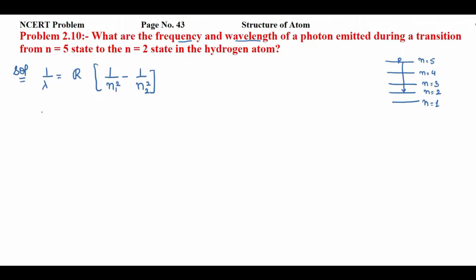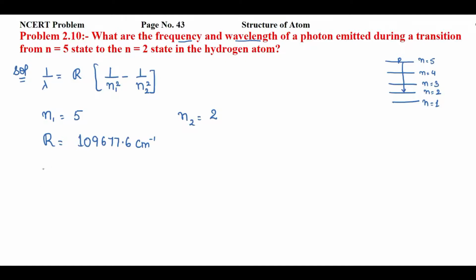So you can write n1 is 5 over here and n2 is definitely 2, right? And here R is Rydberg's constant and its value is 109,677.6 centimeter inverse, right? We have to find the value of wavelength, right?